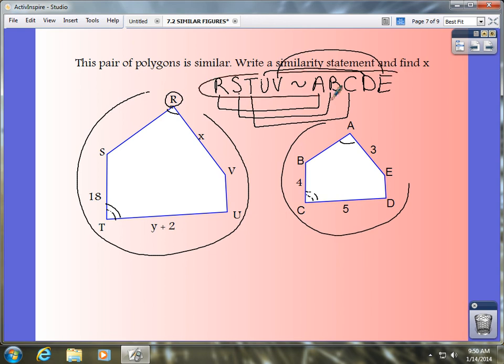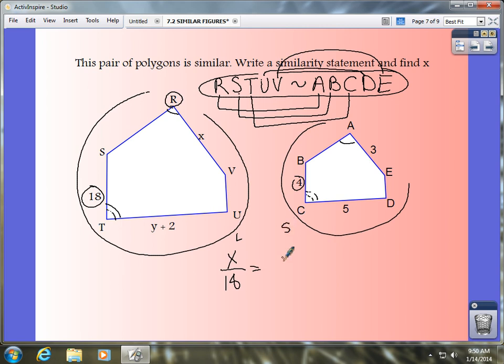And if we wanted to find x, we need to find two sides that, let's see, I have 4 and I have 18. So I can set it up x over 18. This is my large figure. Has to equal corresponding parts on my small figure, which is 3 over 4.